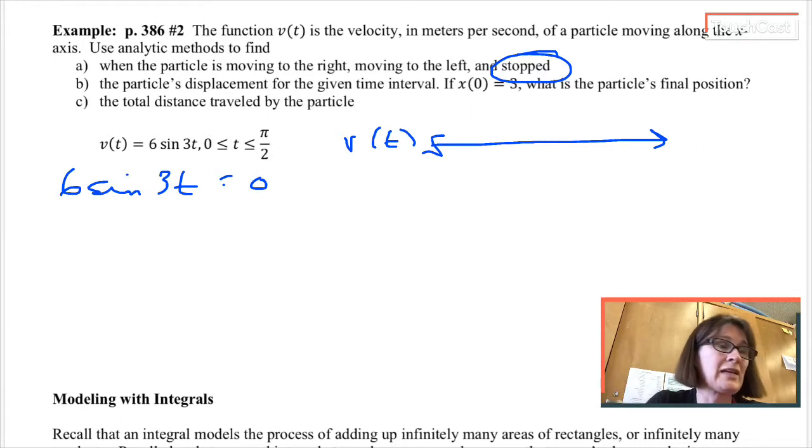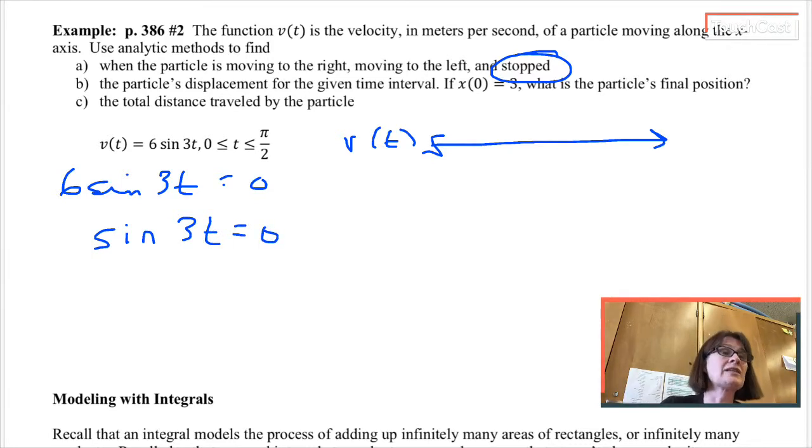I'm going to divide both sides of that equation by 6, and I end up with sine 3t equals 0. So this is a review of how to solve this trigonometric equation. Is it a huge topic for the AP test? It's not a huge topic, but maybe once every other year you're going to find that you have to solve an equation like this. So notice my only candidates are between 0 and pi over 2.